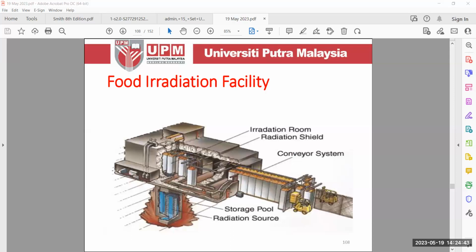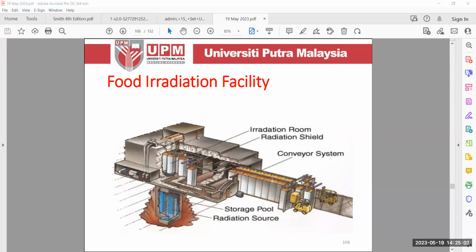What does the facility look like? Most of them look something like this. So basically, you would have your radiation source that is submerged underground. Okay, so you would have your food product being transported with a forklift onto a conveyor system.